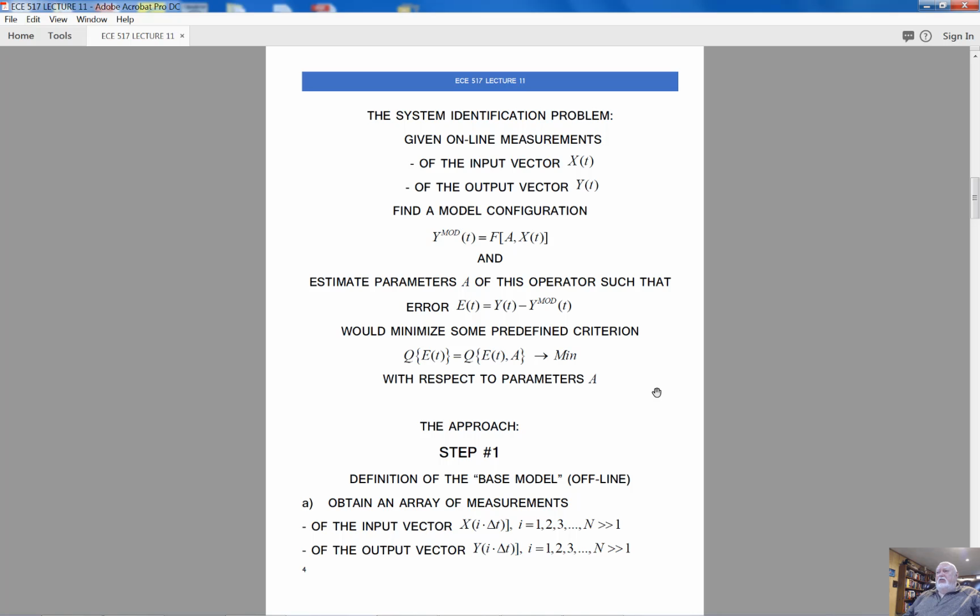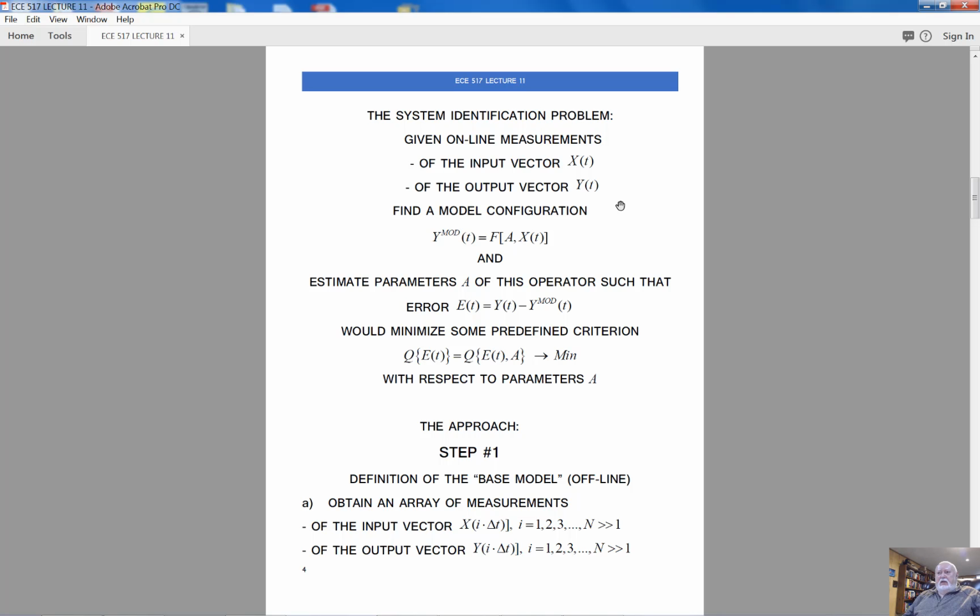The system input could be a set of variables that we can consider as vector x, and these variables are applied to the particular process, and they affect the performance, the output variables of this process. The output variables could be, again, considered as a vector because there could be more than one output variable, and they are driven by the input variables, and we symbolize them by vector y. They both are functions of time.